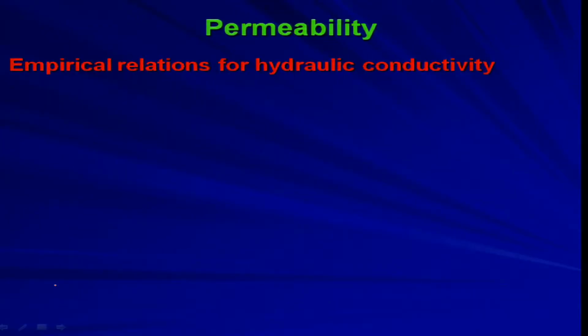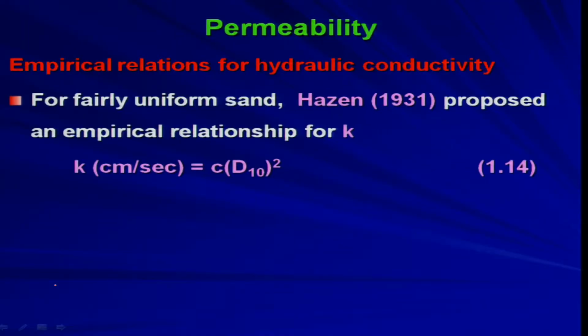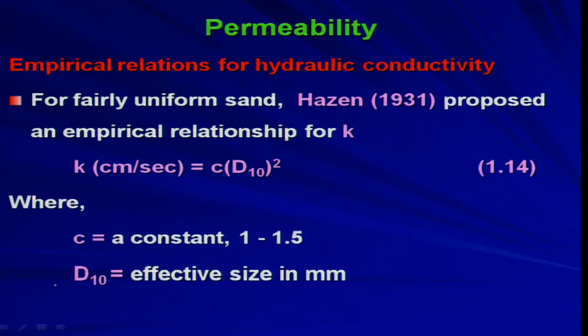Now, there are several empirical relations available in the literature to find out hydraulic conductivity. I will go one by one. So, for fairly uniform sand, Hazen in 1931 proposed an empirical relationship for k, which is given by k in centimeter per second equal to C, some constant, multiplied by D10 to the power 2, that means C D10 squared, where C is a constant which will vary from 1 to 1.5, and D10 is nothing but, as you know from our earlier discussion, the effective size in millimeter.